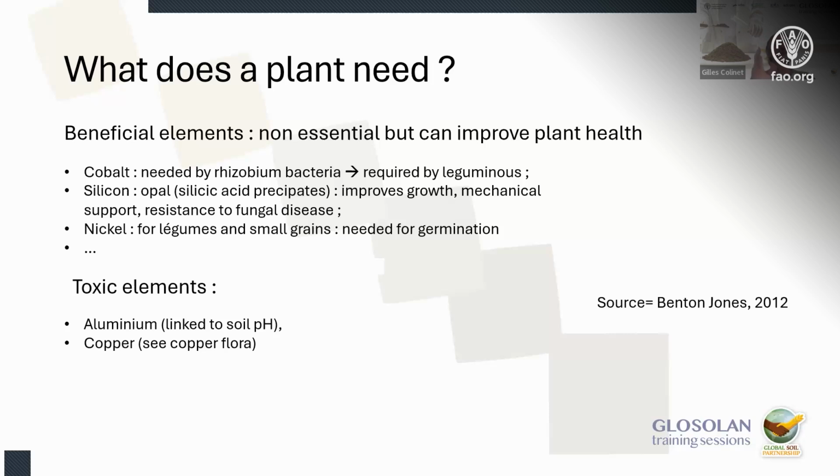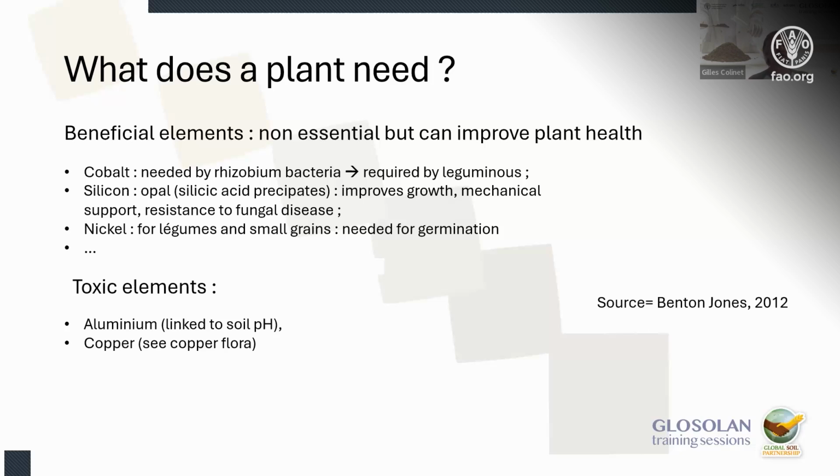So when you have straws, silicon may help to rigidify the stems. It was also supposed to have a role in resistance to fungal disease, or to make the plant a bit disgusting or hard to eat for herbivores and so on. So it can have different roles in the plant.